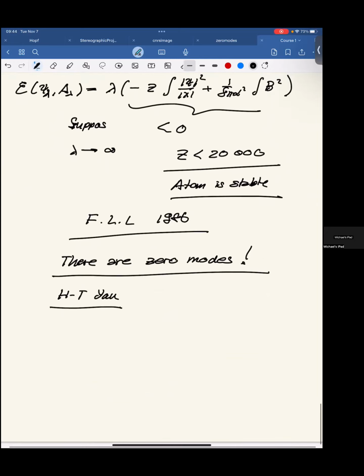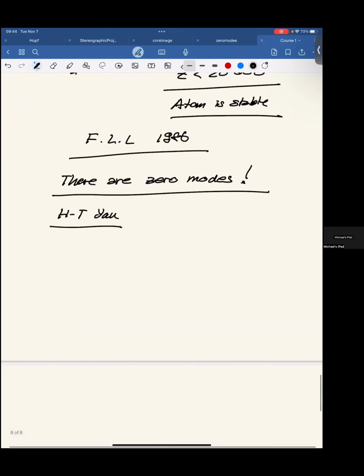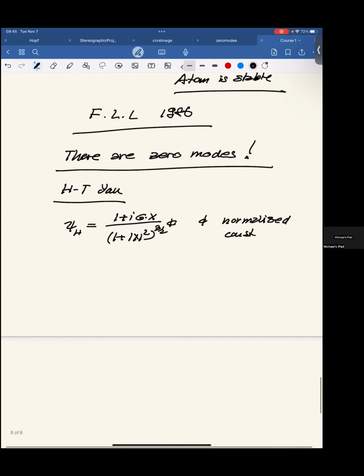I just write down an example. Psi, I indicate this by H, you will see the reason later. Phi is any constant normalized spinor. And what is the A?